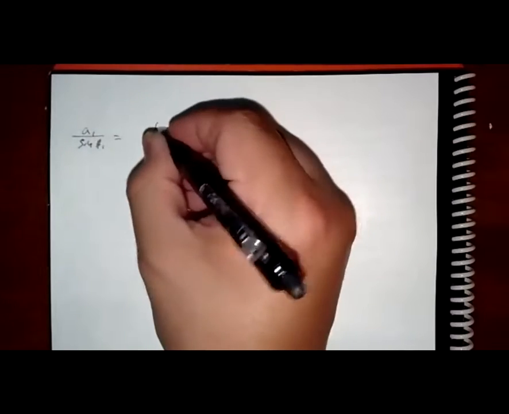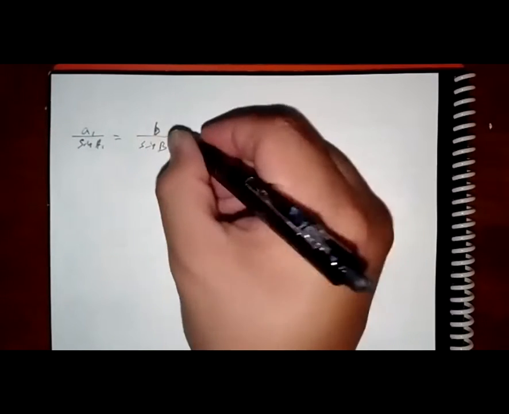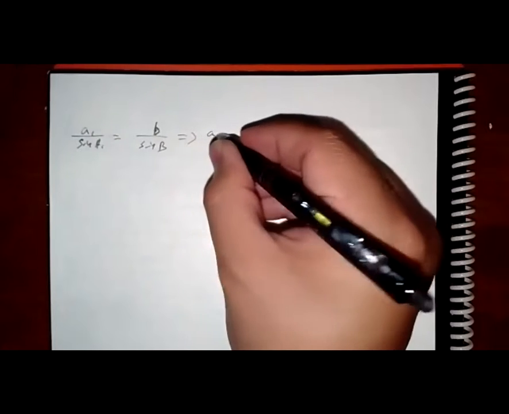Okay. So A1 over sine A1 is equal to B over sine B. Solve for A1.